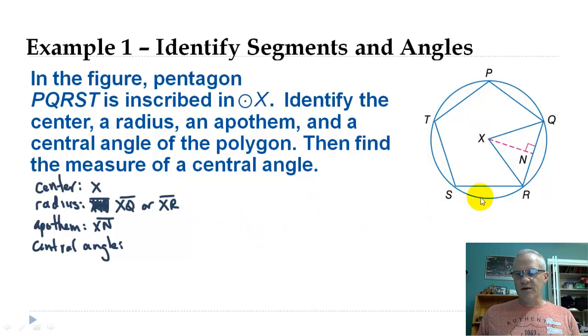Okay, and then the central angle would be this whole angle right here. Remember, the apothem splits that into two equal parts, so you could say angle QXR would be the central angle. Okay, so just to kind of name a few things here.